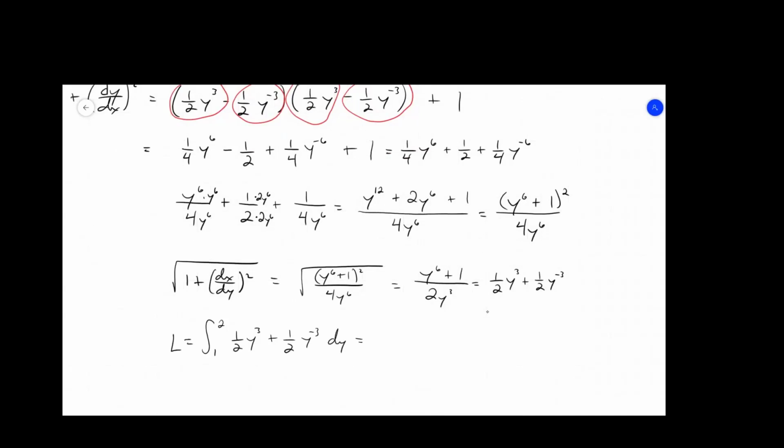And then those are just easily done by power rule. Raise that to the 4th power, we're going to get 1/8 y to the 4th. If I raise that to the -2, I'm going to have minus 1/4 y to the -2, right? Plug in the 1 and the 2.